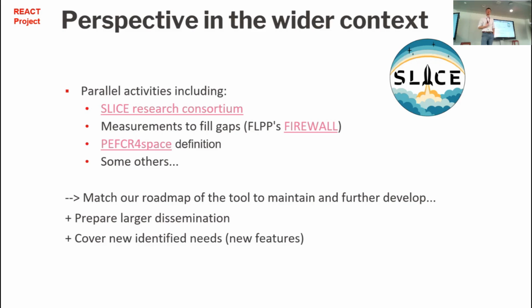We also want to prepare for a larger dissemination. At first, we will keep using the tool as a service for companies, but in the years to come, the idea is also to have the tool made available for direct use by the industry. And in any case, if we see that there are new needs or that the context is changing, we are ready to adapt to it and provide the solution that is really needed.